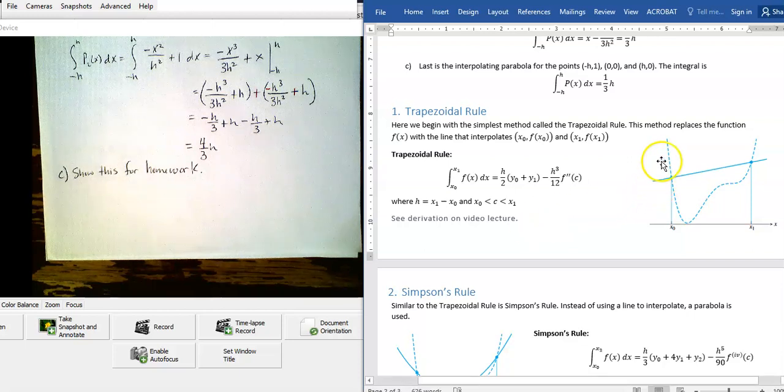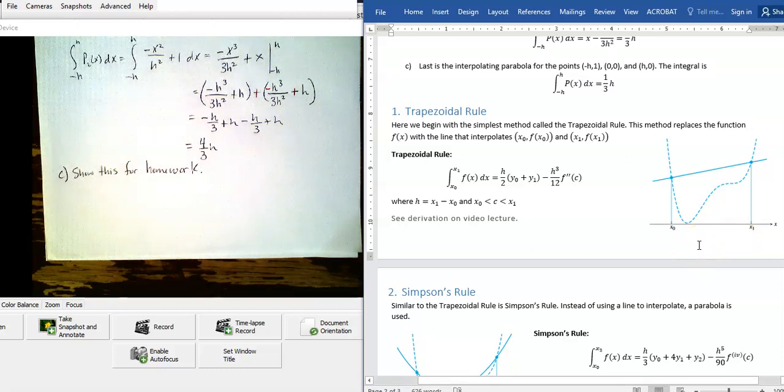As you can see here, we have this function f. Two points on f are known, and we approximate the area under f by using the area of this trapezoid. You can see this approximation is not too good, but if the distance between x0 and x1 is relatively small, it becomes a pretty good approximation to the area we're looking for.